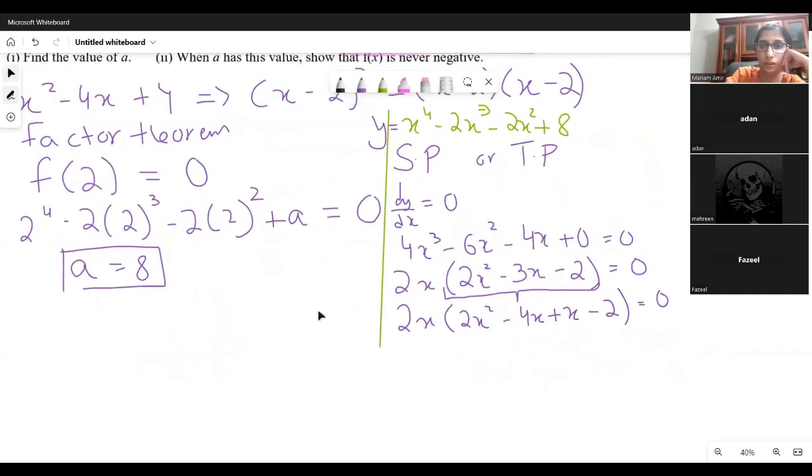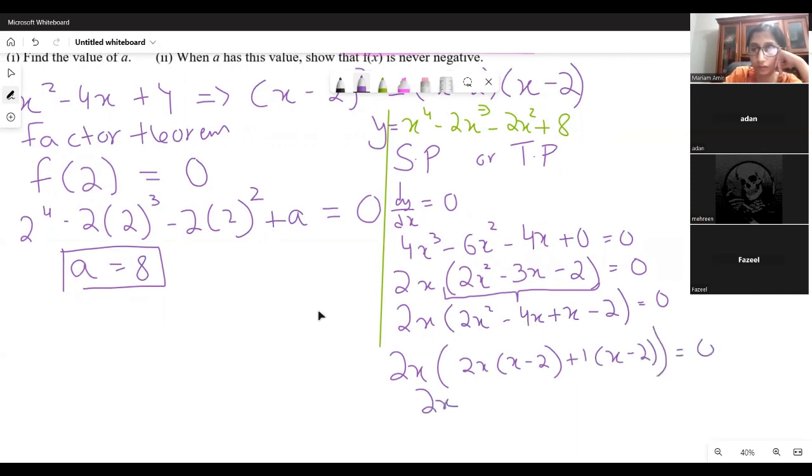So that would be 2x common, x minus 2, plus 1 common, x minus 2, equals to 0. So you have 2x, 2x plus 1 and x minus 2 as the factors equals to 0. So the x coordinates of the stationary points are x is equal to 0, x is equal to minus half, and x is equal to 2.